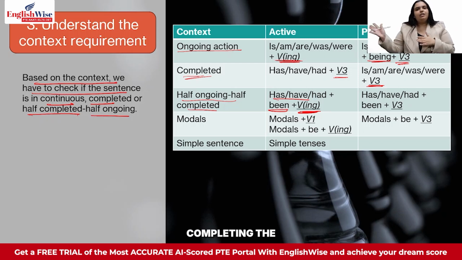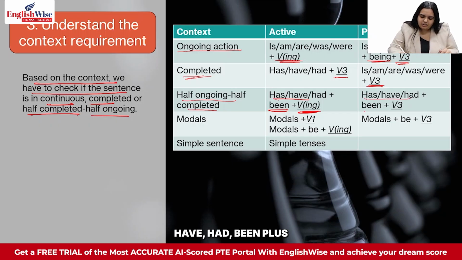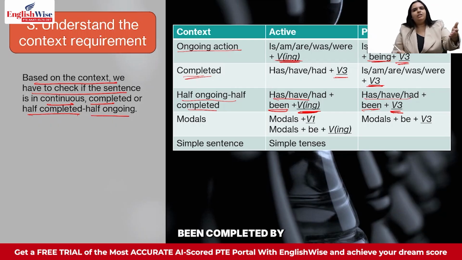That means partial dance practice was done and half of it she was still continuing at that time. For passive voice, you make it has, have, had plus been plus V3. Like when I went into the room, the dance practice had been completed by her. That means half the practice was completed, half is still ongoing.